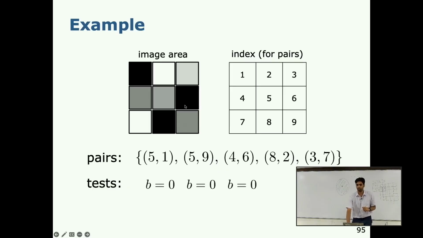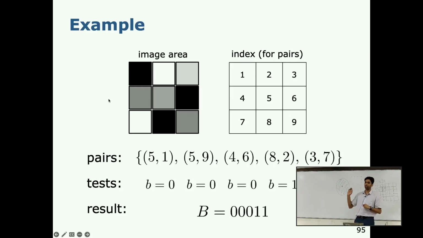It will again be 0, because lighter is a greater value, so again the test failed. 8 and 2, I already showed. 8 is dark, 2 is white. So 0 minus 255 is negative 255, so your test that I of S1 is less than I of S2 passed. So that's 1. The final one was 3 and 7. 3 is this and 7 is this. Again, it's a darker versus a lighter one, so again 1. So now the signature for this patch is 00011.